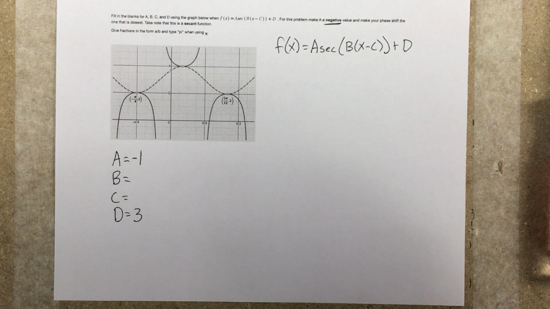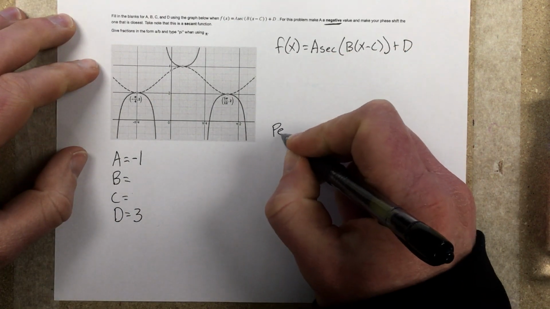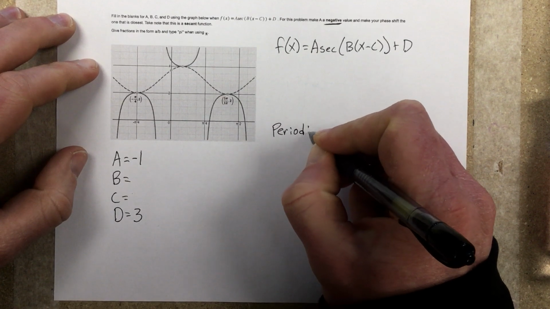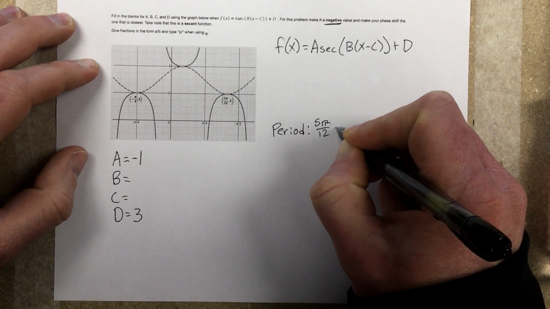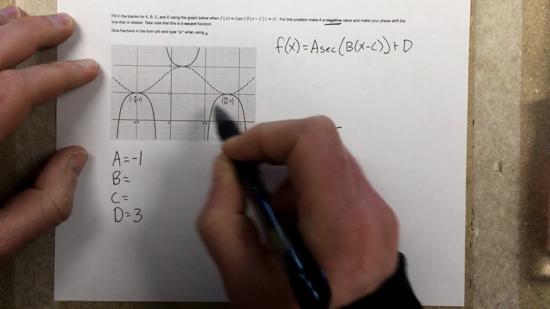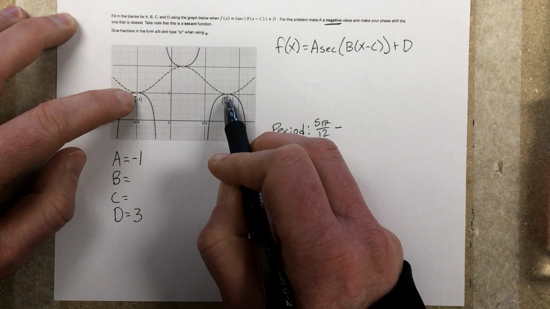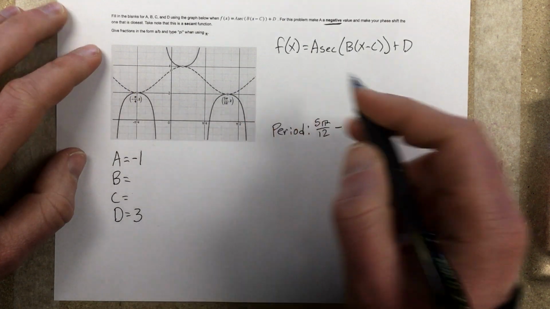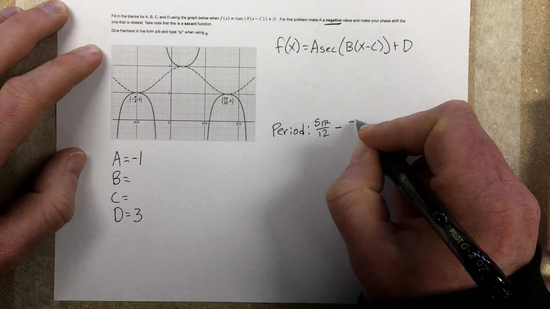To find my b value, I need to first find the period. The period is going to be 5 pi over 12 minus negative 4 pi over 12. I'm looking for when it starts to repeat again, basically trough to trough or peak to peak. So 5 pi over 12 minus negative pi over 4.